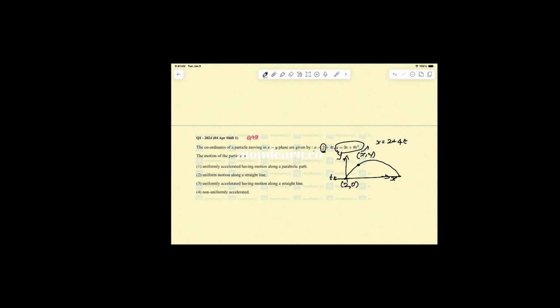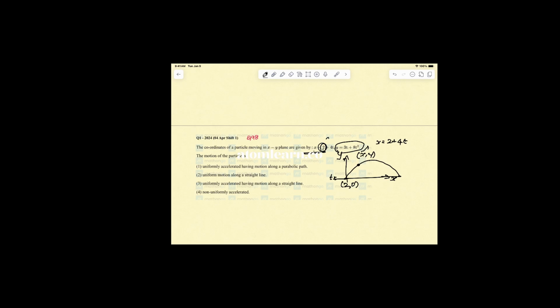Not necessary. You can project from any particular point. So the coordinate at any time t is given by this, which means it is projected from x equal to 2, y equal to 0. Okay, fine.